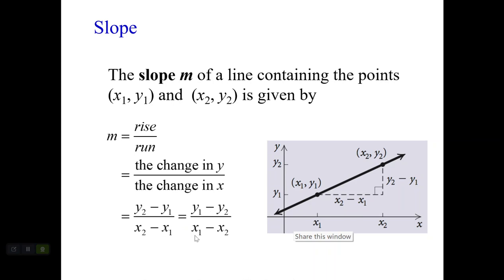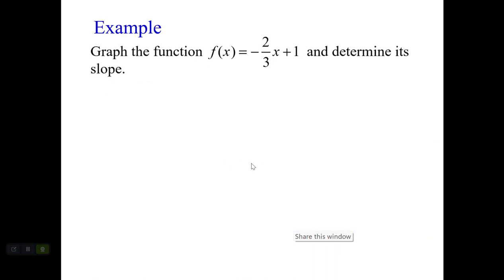Or you can have a y1 in the front, that's okay. But if you have a y1 in front, make sure you also have a x1 in the front, all right? So we usually just like to use y2 minus y1 over x2 minus x1, seems a little bit more straightforward, right? And you can choose any point as x1, y1 or x2, y2, okay?